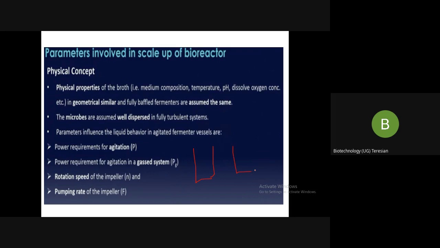This is the fermenter, and this is the impeller, and you have an air inlet and air outlet. So what we are talking about is the power requirement for agitation in a gas system and non-gas system, and how it reacts. Suppose this is a stirrer.